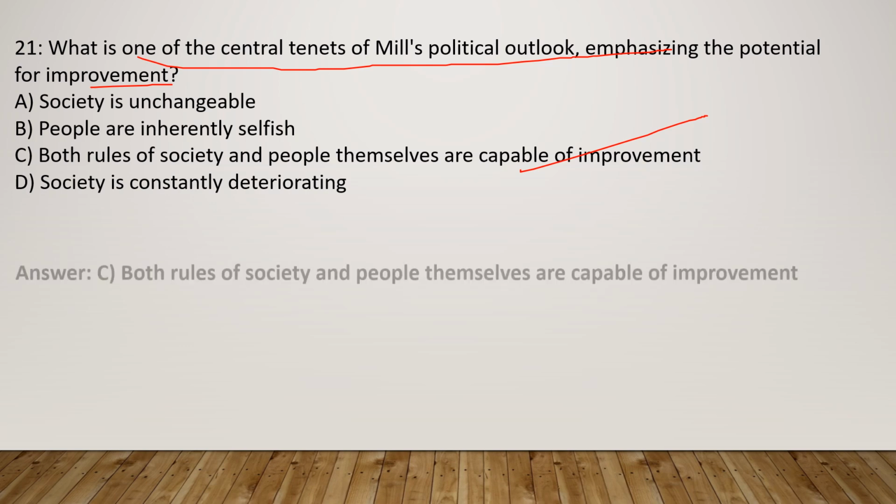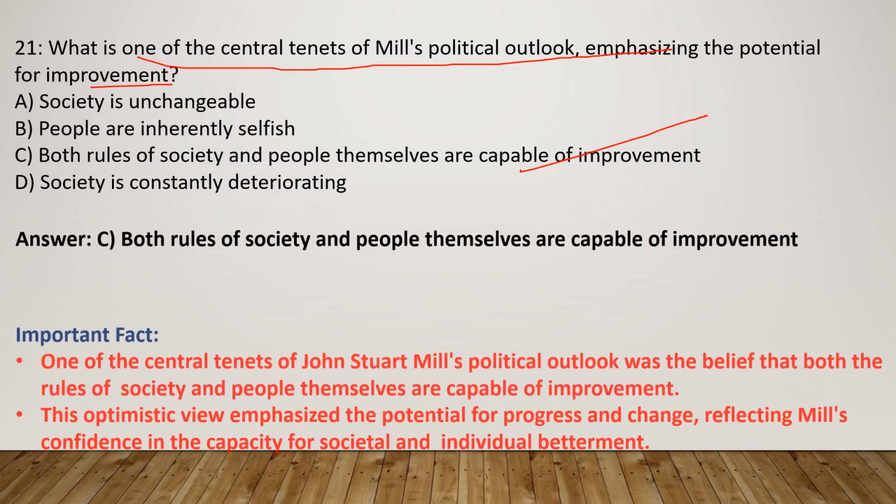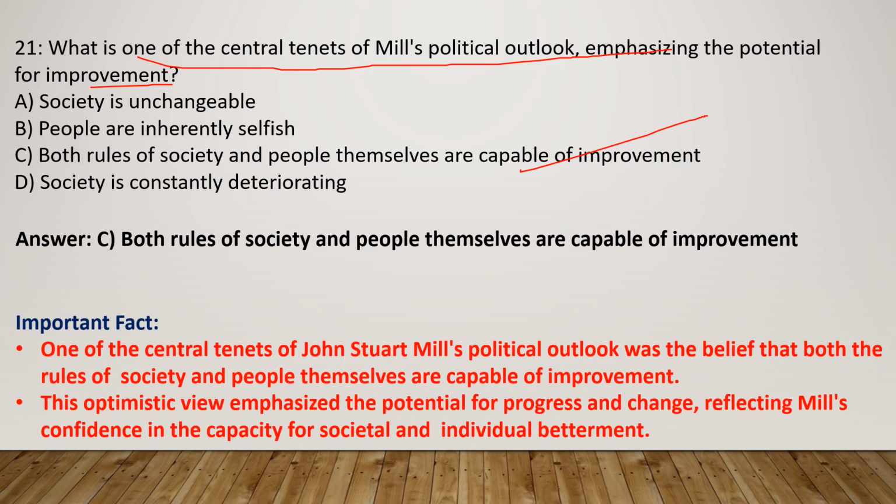So the correct option is option C. One of the central tenets of John Stuart Mill's political outlook was the belief that both the rules of society and people themselves are capable of improvement. This optimistic view emphasized the potential for progress and change, reflecting Mill's confidence in the capacity for societal and individual betterment.